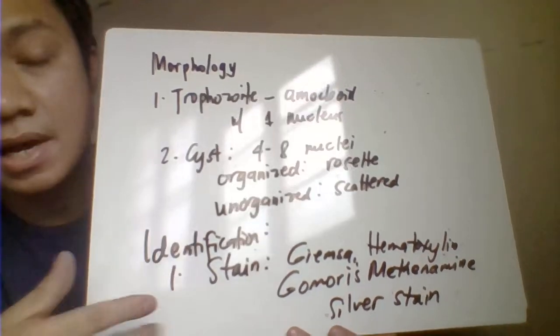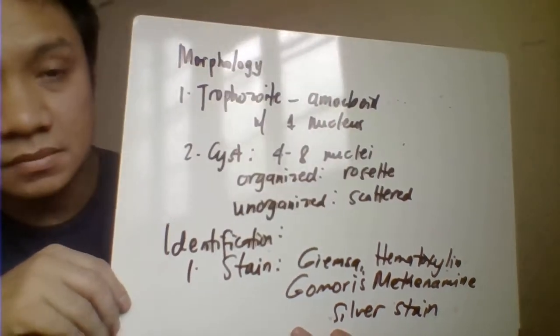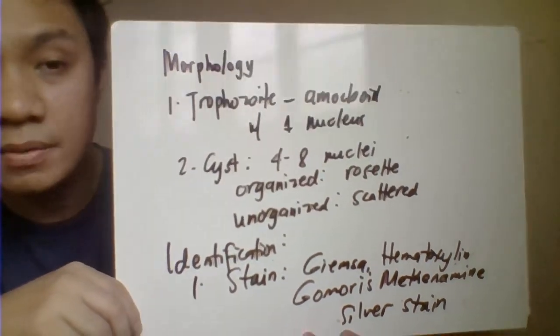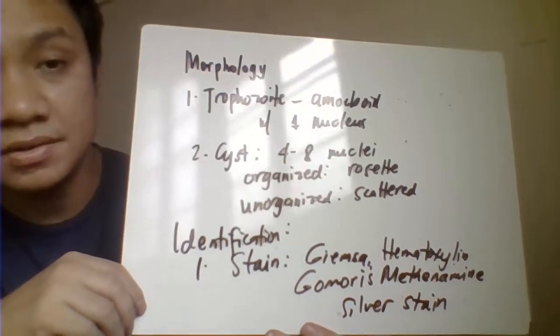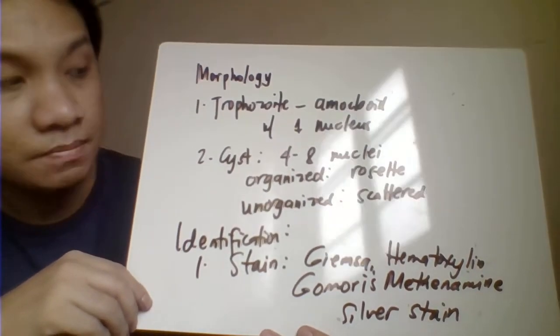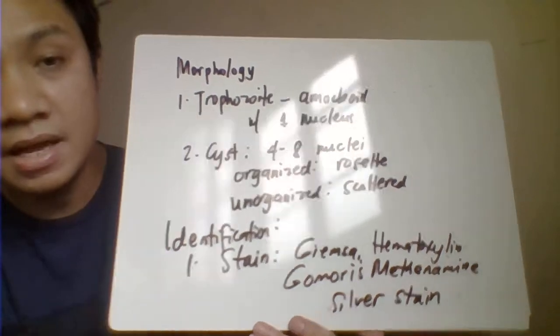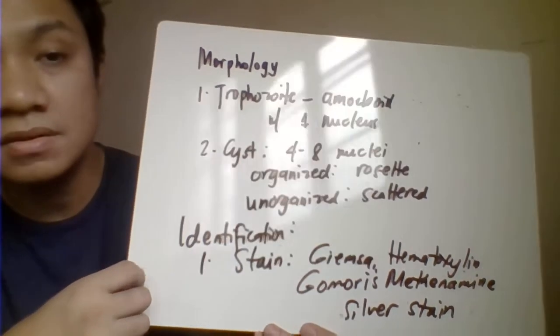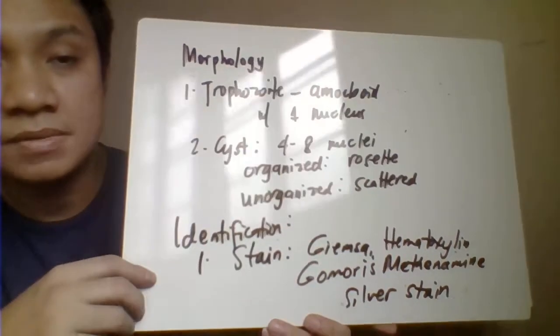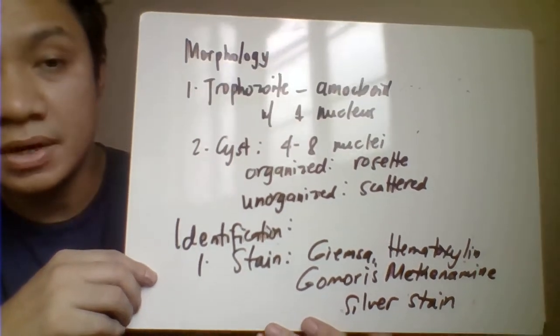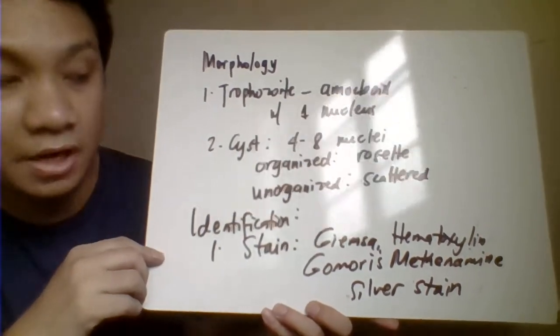That's why we are discussing it in this topic. The trophozoite has a round amoeboid morphology with one nucleus. The cyst has 4 to 8 nuclei that may be organized to form a rosette formation or rose-like arrangement. But if that one is disorganized, it would have a scattered arrangement.